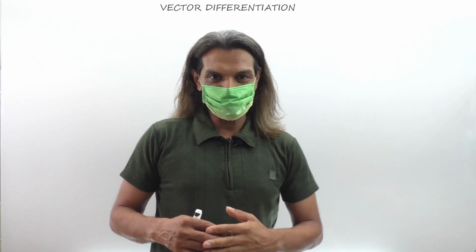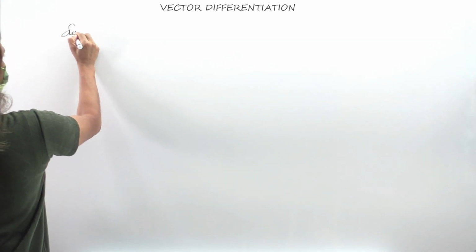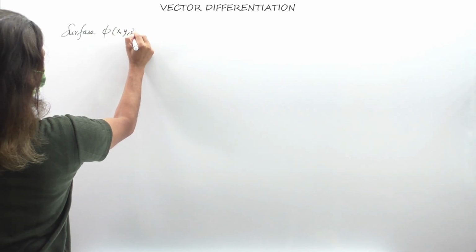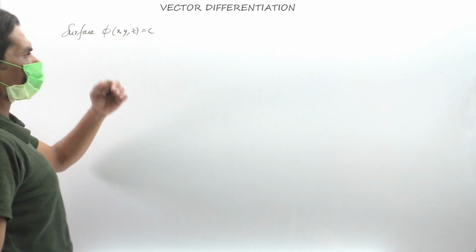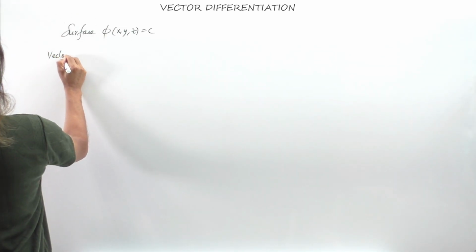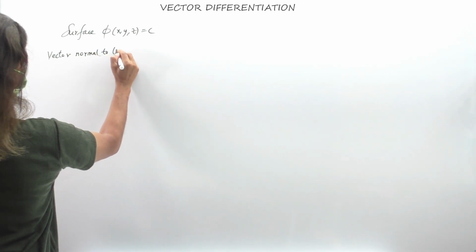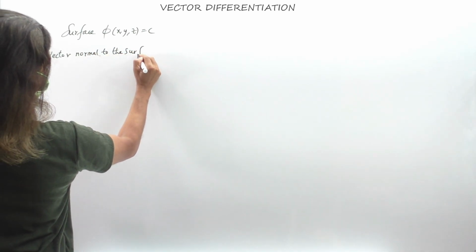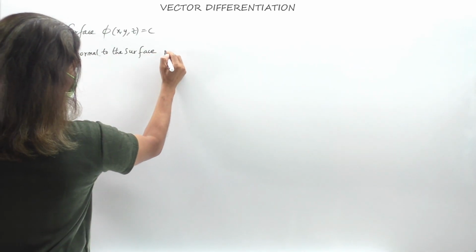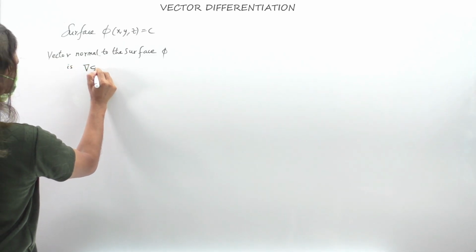Now the next is surfaces or scalars. If you have a surface, say phi of x, y, z equal to c, this is a scalar surface. Now for this surface, the vector normal to the surface is nothing but del phi.